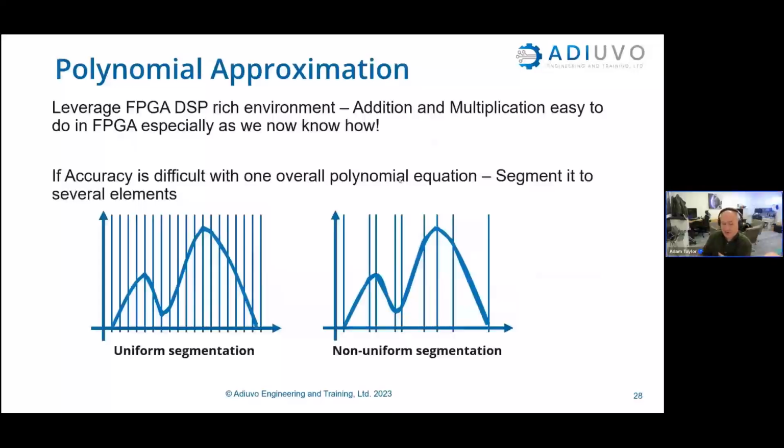If we get to a point where we have, for example, an element that doesn't easily give us a plot, what we could do is break that curve down into a number of segments and generate a number of coefficients to allow us to just address that segment. So if a value is between x and x plus 1, we use these coefficients for our polynomial. If it's between x plus 1 and x plus 2, we use this set of coefficients for our polynomial.